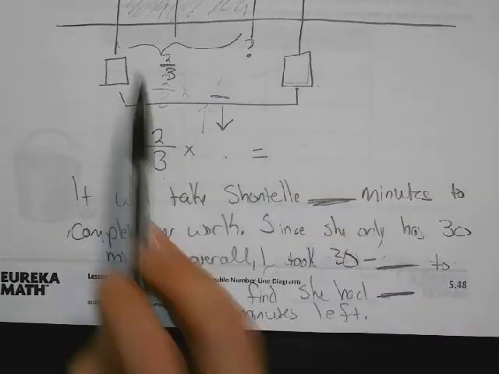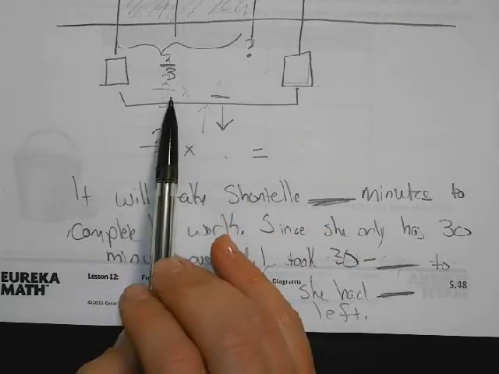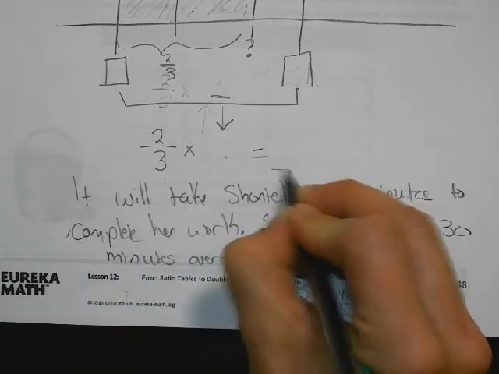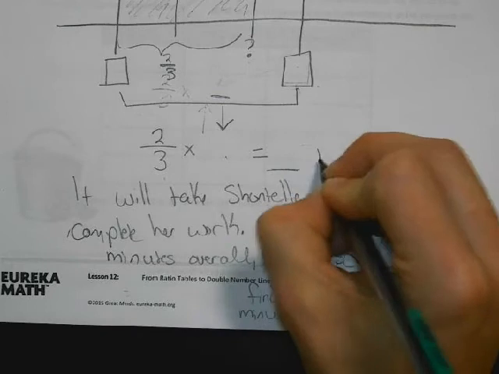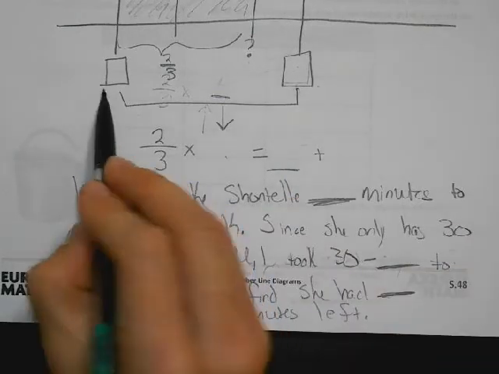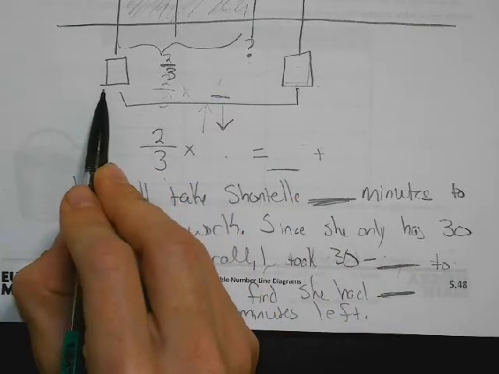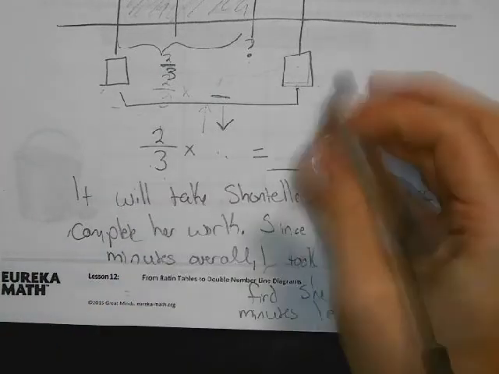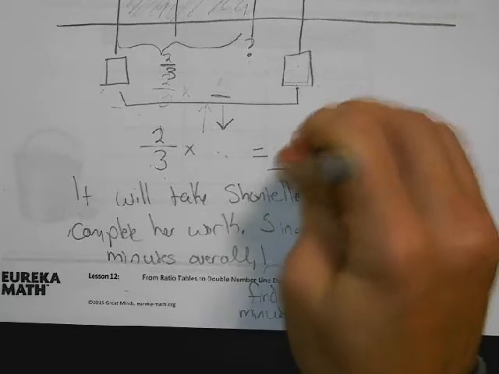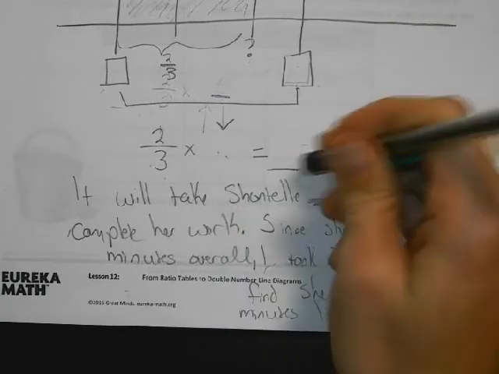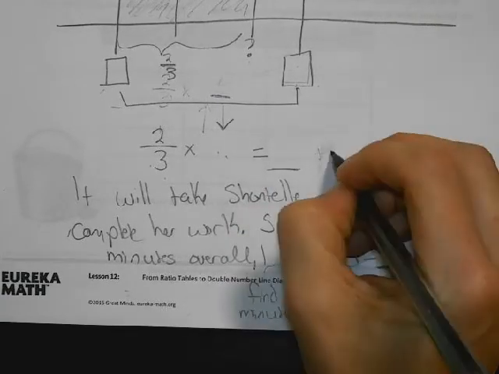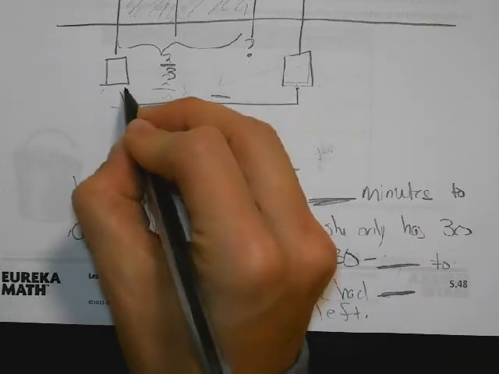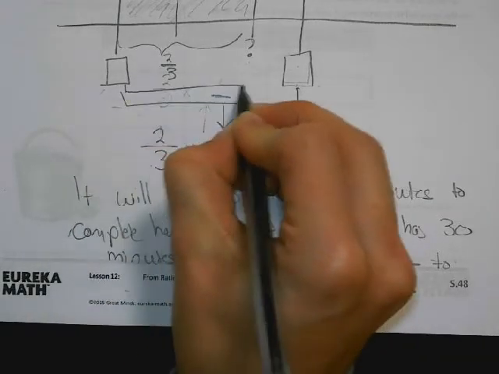So once you take 2/3 times whatever the difference is here, don't forget that you have to take this answer and add it to wherever you're beginning. So 2/3 times the difference. You're going to get a fraction. Make sure you simplify that fraction. Then you're going to add, because you're going from here to here.